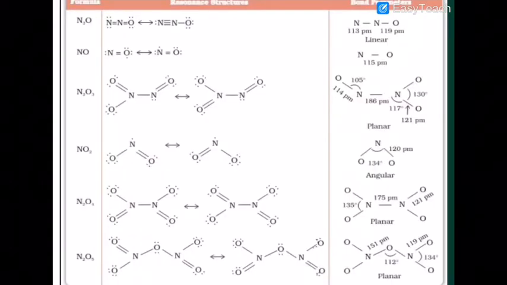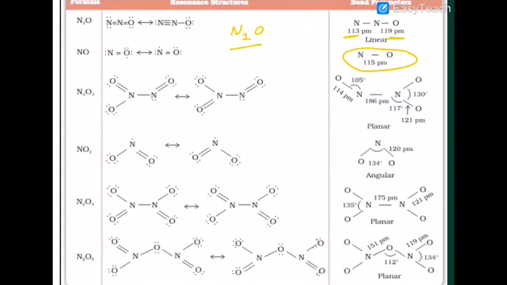Now look at the structures and various bond lengths of these. These properties are very important and you have to memorize them. In case of N2O, the nitrogen nitrogen bond length is 113 picometer and the nitrogen oxygen bond length is 119 picometer. Compare it to the nitrogen oxygen bond length in NO, that is 115. What is the reason?